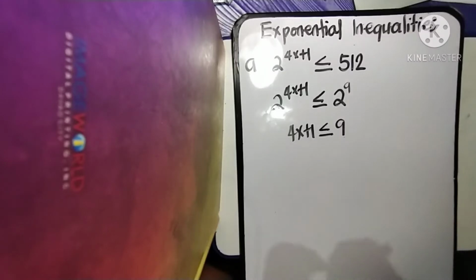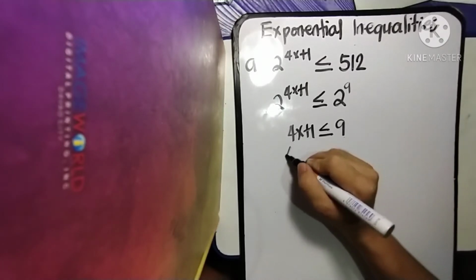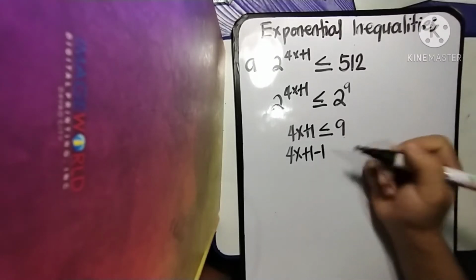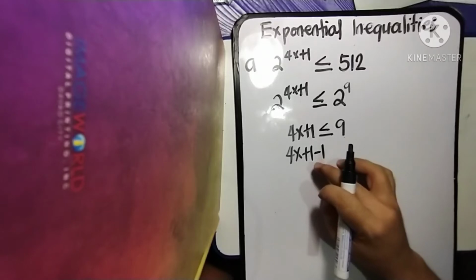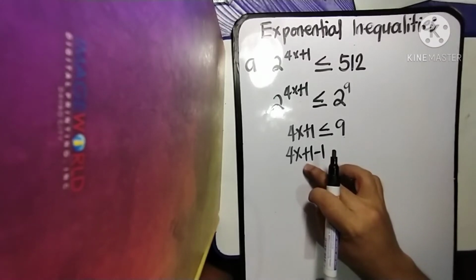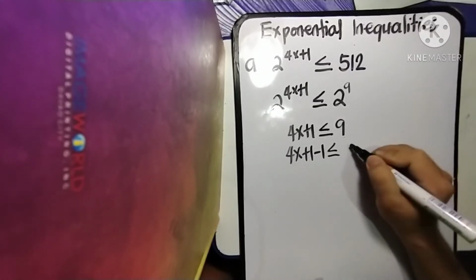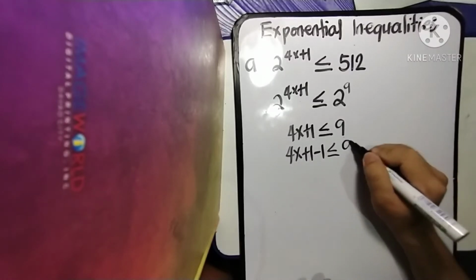To eliminate positive 1, we need to apply the subtraction property of equality. So, 4x plus 1 minus 1. What number do we subtract from 1 to make it 0? That is 1, so 4x plus 1 minus 1 is less than or equal to positive 9 minus 1.